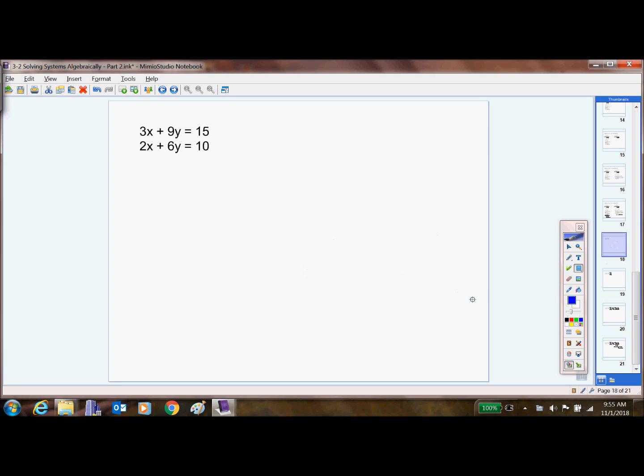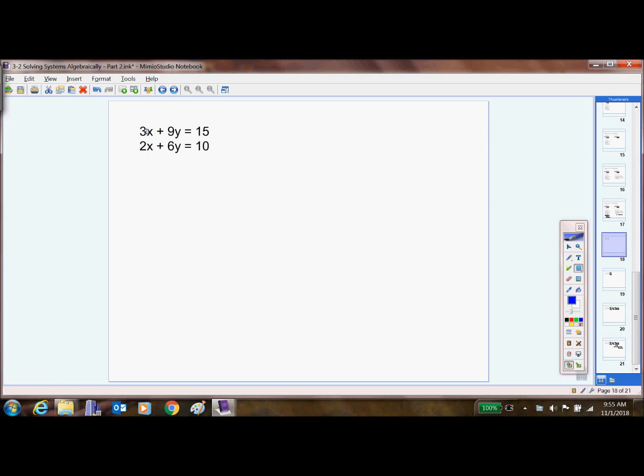All right, one more thing to think our way through. If we want to solve this one, you could eliminate the x's or you could eliminate the y's. There's not really one that's better than the other, but let's get back to what we were talking about a little while ago. You could either multiply this one by what and this one by what.